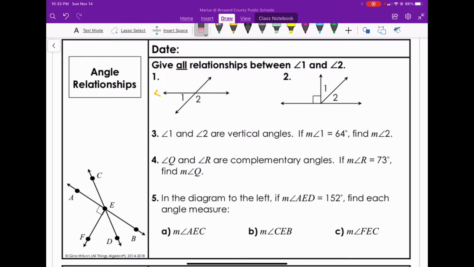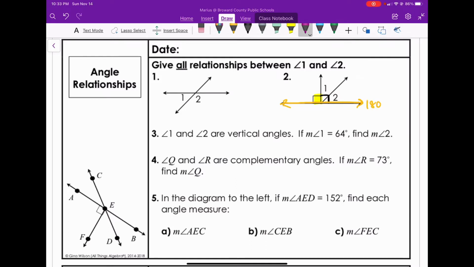Now, number 2 is speaking about angle 1 and angle 2 right here. On the left side of the diagram, they've already identified a right angle. Well, technically speaking, because of this straight line, just like we discussed in number 1, it's 180 degrees.